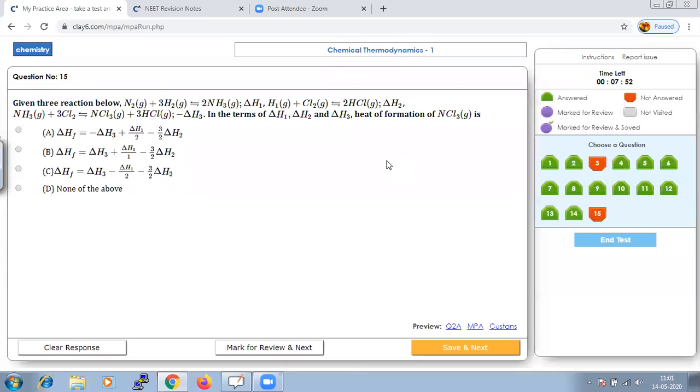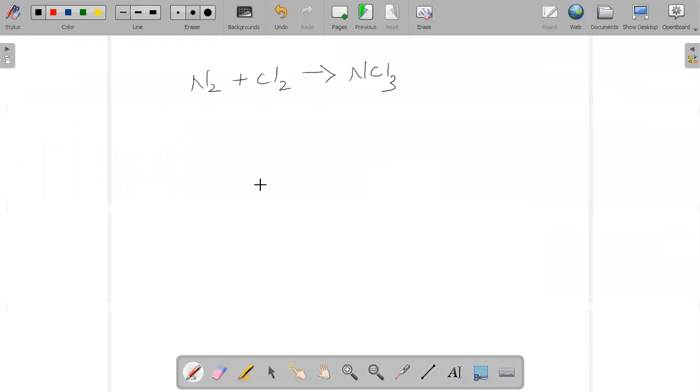Using the different reactions, we should reach the formation reaction. So the first reaction which they have given is NH3 plus Cl2 giving NCl3 plus HCl.